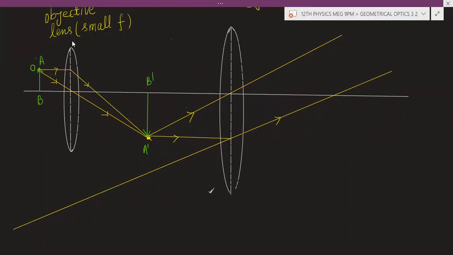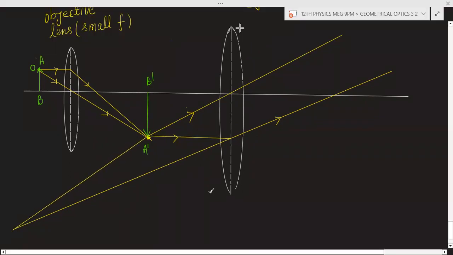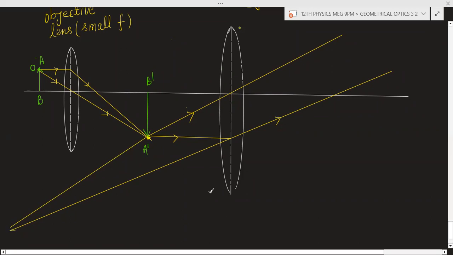Somewhere here these diverging rays will meet. So finally the image will form here, and this time the image is a very large image.